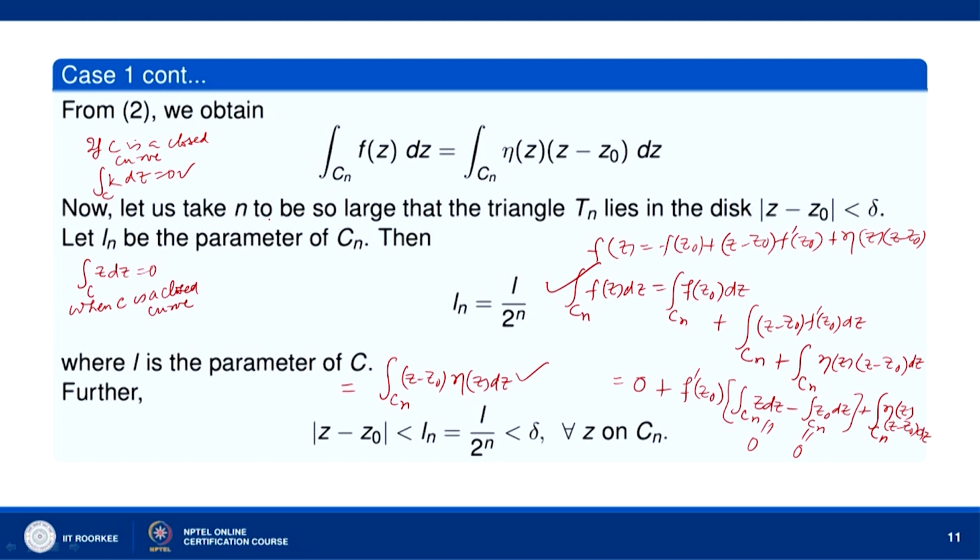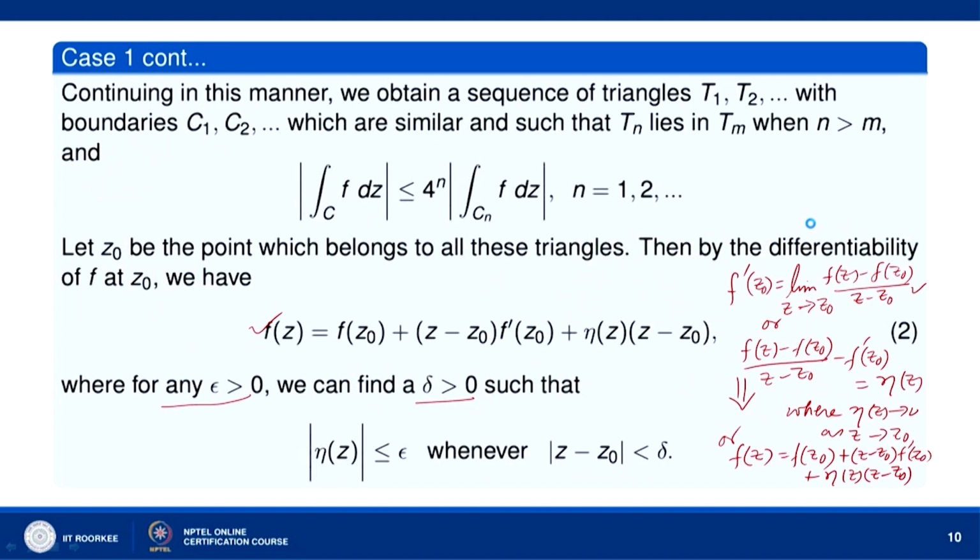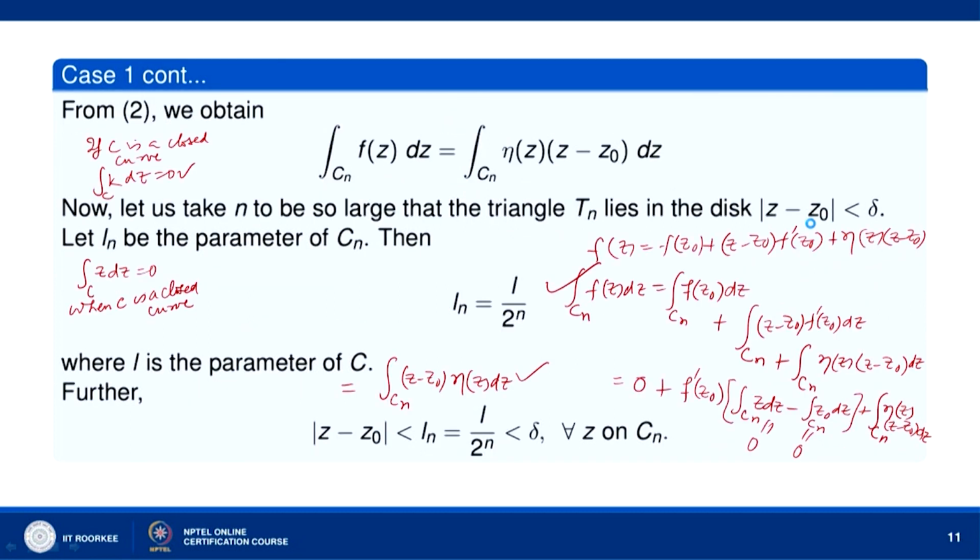Now, let us take n to be so large that the triangle Tn, whose boundary is given by Cn, lies in the disk mod of z minus z0 less than delta. We have already found a delta corresponding to epsilon because eta(z) goes to 0 as z goes to z0.